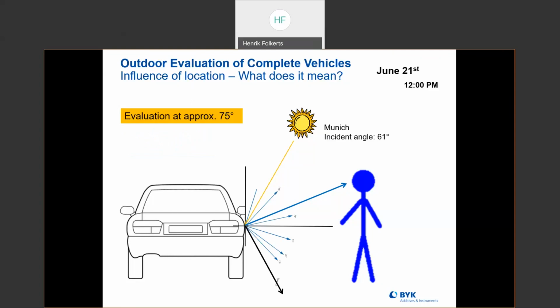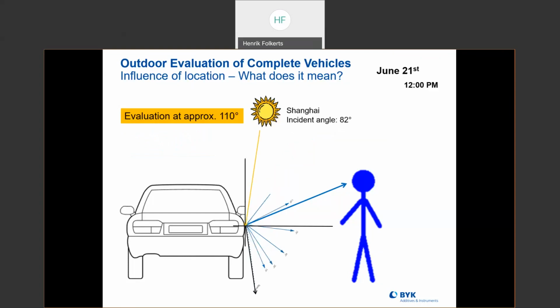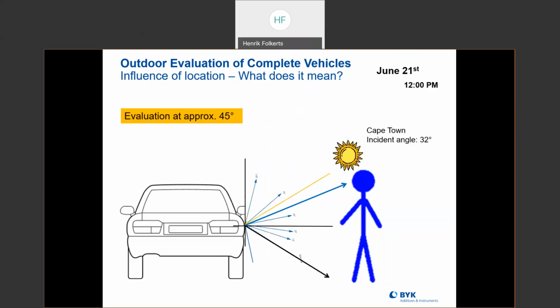But if, next slide, Greg. If I'm in Shanghai, same date, same time, now I'm looking at 110 because my angle of incidence is 82 degrees. So very different. And then if I'm in Cape Town, same date, same time, I'm looking at approximately the 45-degree angle.